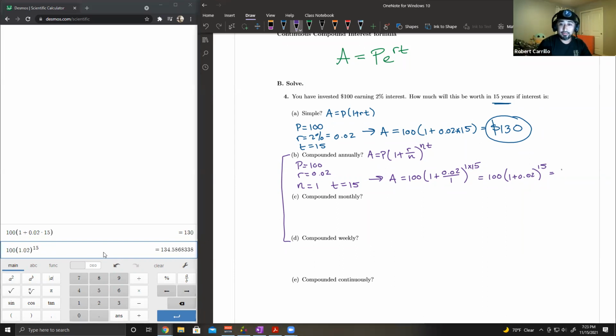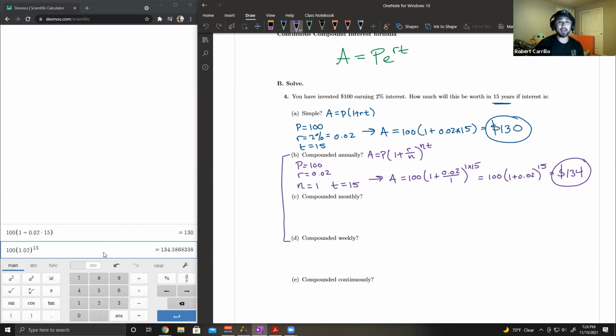Now, if we find a better bank that lets us compound annually, meaning this investment gets interest every year for 15 years, we'll make $134 instead. That's definitely better than 130, guys. All right, but still, we need to find a better way to invest our money.